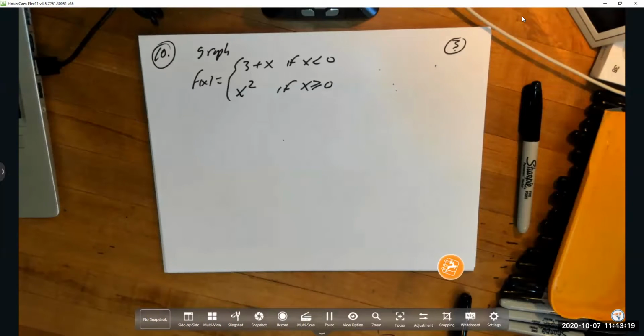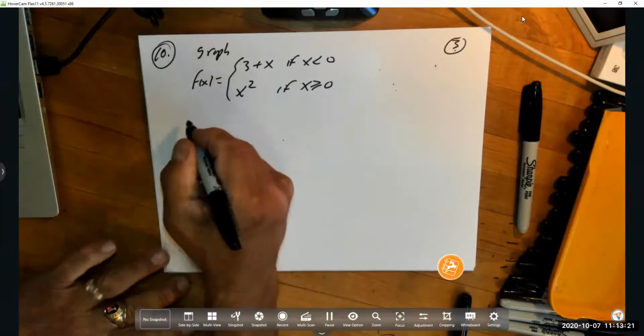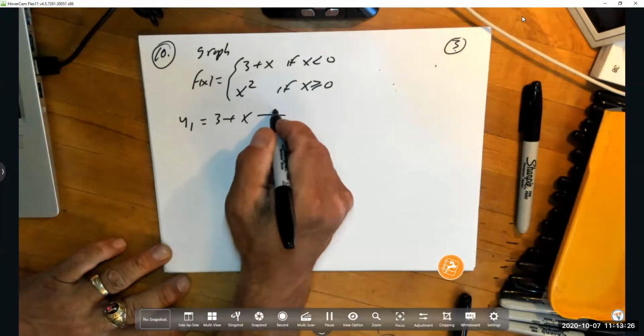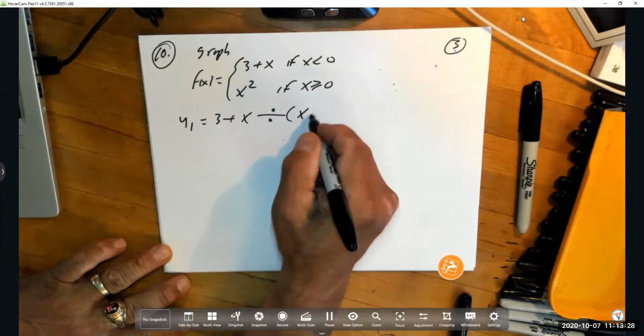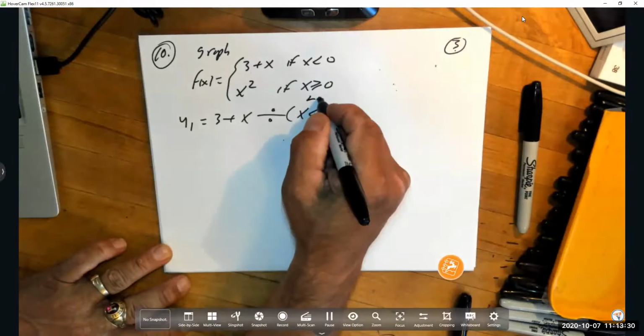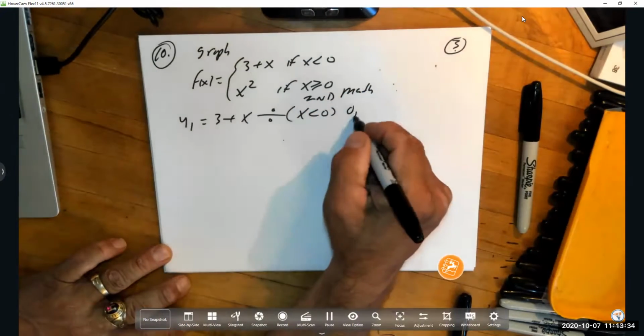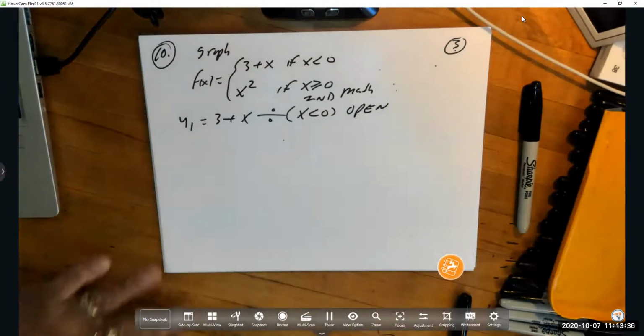Okay. So now, let's do it this way. Y1 is going to be 3 plus x, division symbol, and put x less than 0. You're going to go second math, and I'll do mine in a second. This is going to be an open circle. All right, ready? I'll show you how to do that.